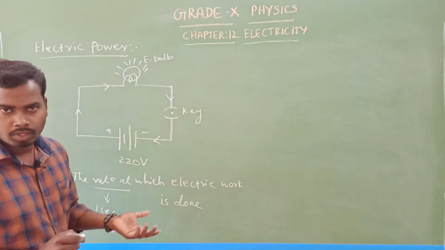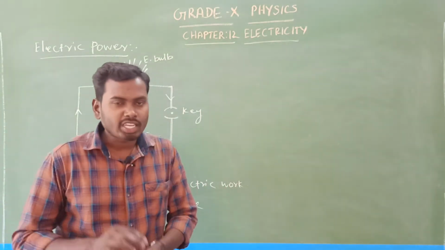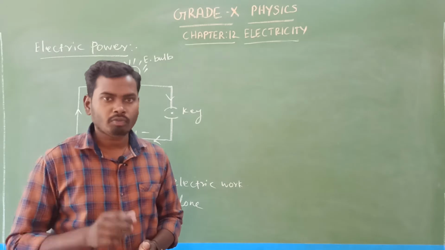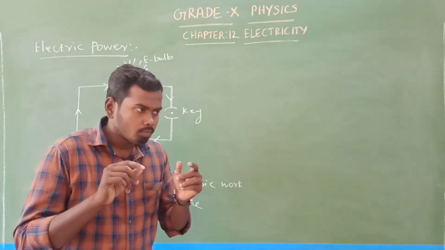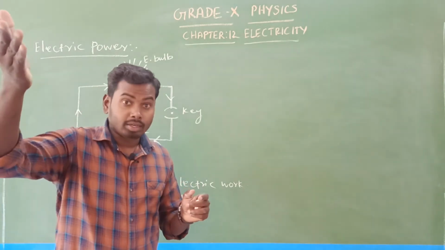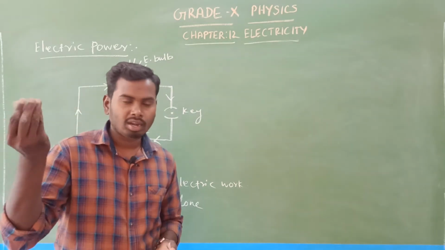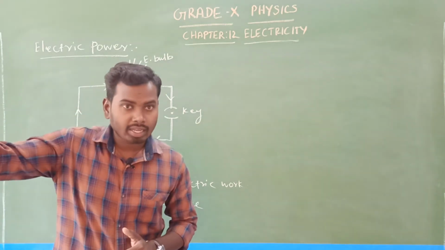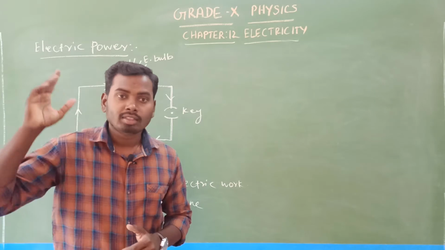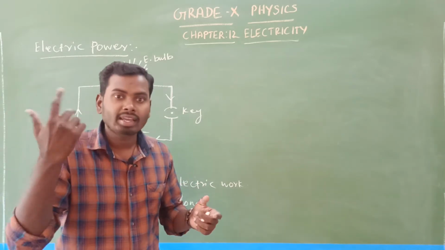Already we know energy can neither be created nor destroyed. We can just convert one form of energy into another form of energy. The electric bulb is one of the devices which converts the electrical energy into light energy. The fan is one of the electrical appliances which converts the electrical energy into mechanical energy.